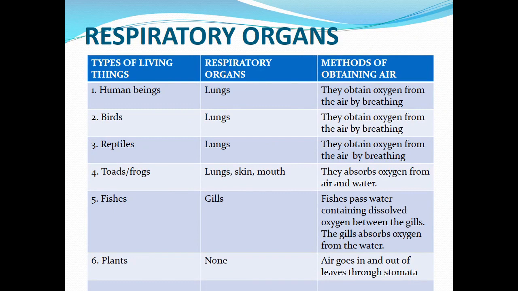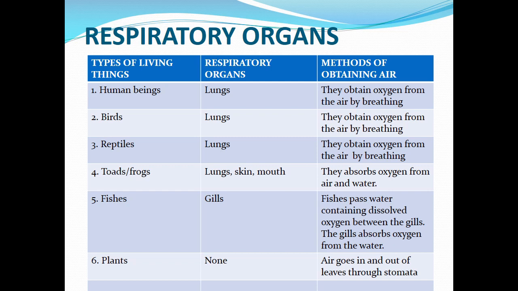Organs of respiration. We have types of living things, their respiratory organs, and their methods of obtaining air. The first one is human beings. Human beings use the lungs for respiration, and they obtain oxygen from the air by breathing.